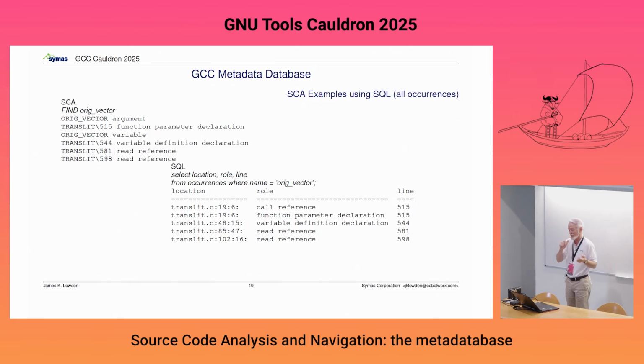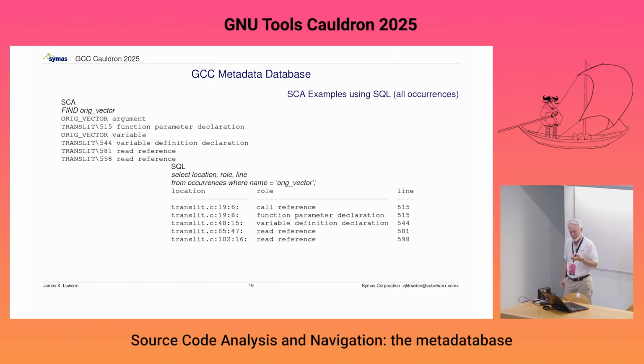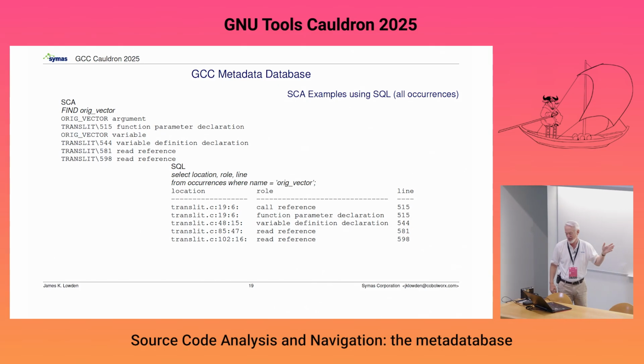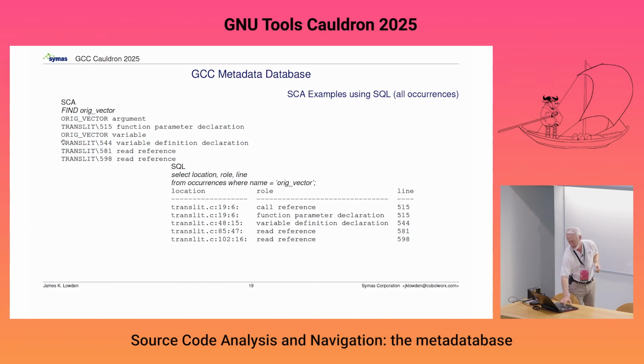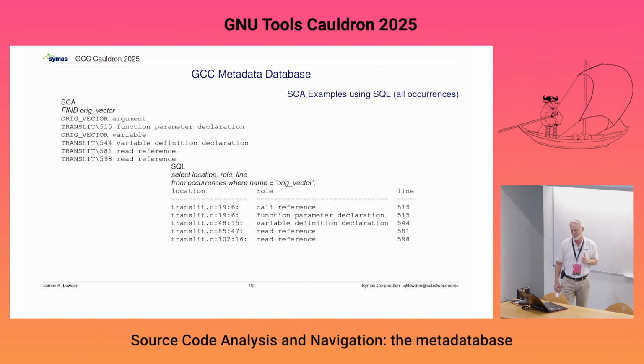So this is our first example. We are finding all the occurrences of a thing called a rig vector. On the left-hand side is the query as it appears in the source code analyzer manual that I referred to earlier.